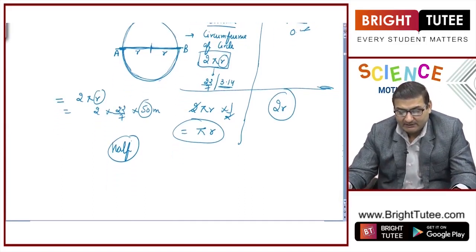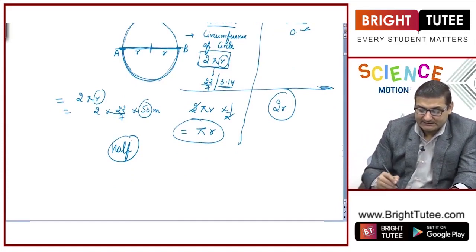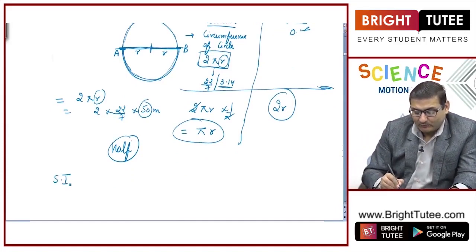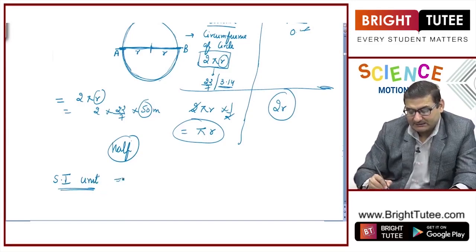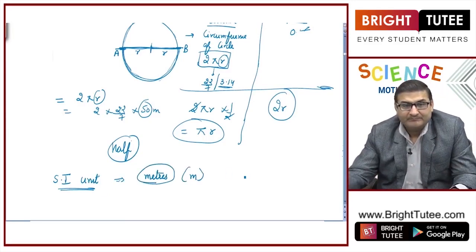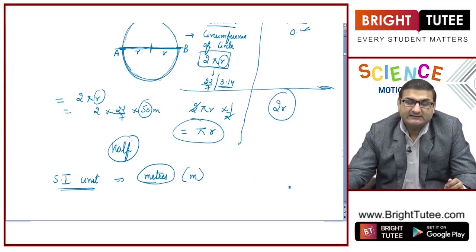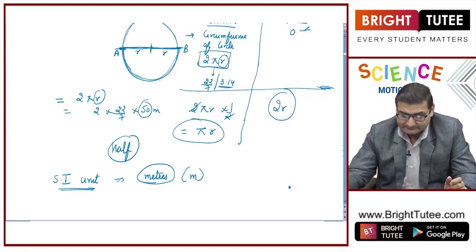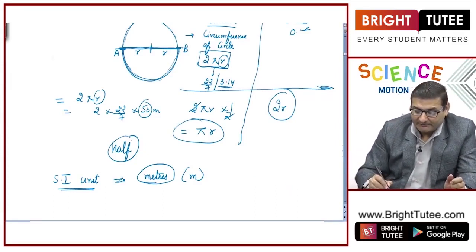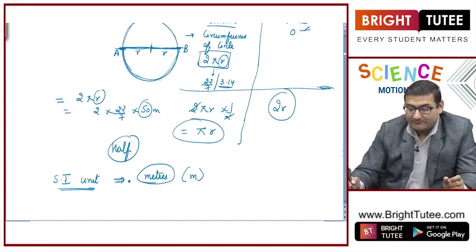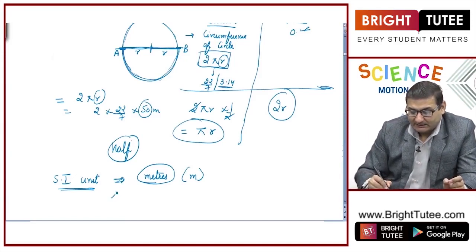Now whenever we are talking about distance and displacement, both of them are measured in SI units, meters, which is represented by small m. That is the SI unit of this particular distance as well as displacement. Got it? Fine. Now, when we talk about other units, we must know that there are other units too.